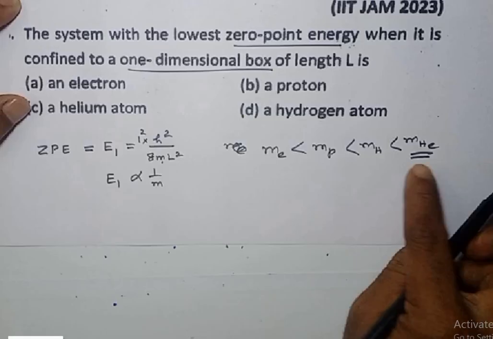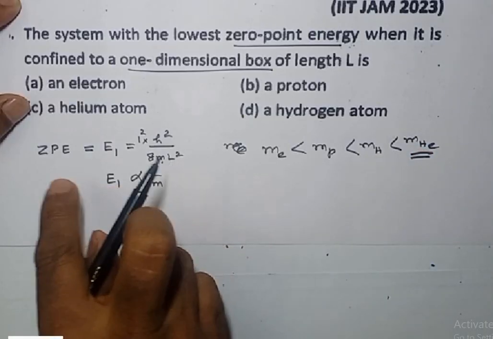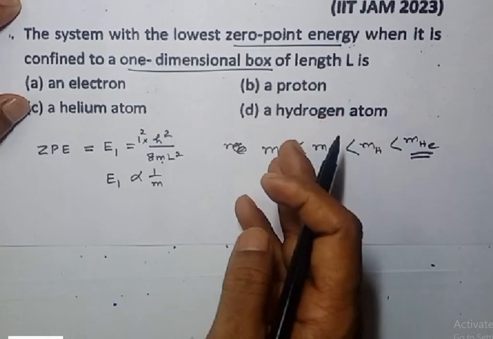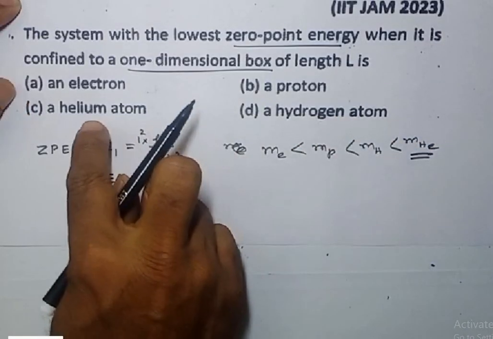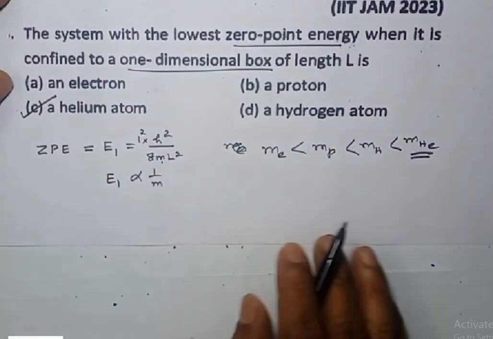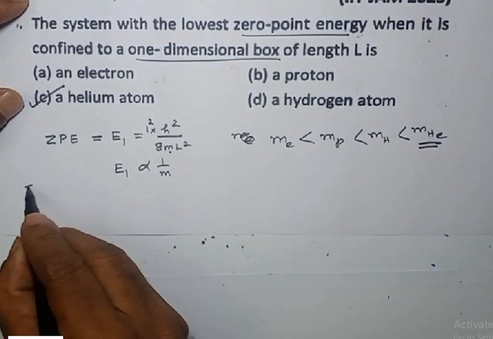The particle having heavier mass should have the lowest zero point energy. So among the 4, the one having the lowest energy is the helium atom. So the correct option for this question is option C. You know very well, for a particle in a 1D box, this is the general formula for energy.